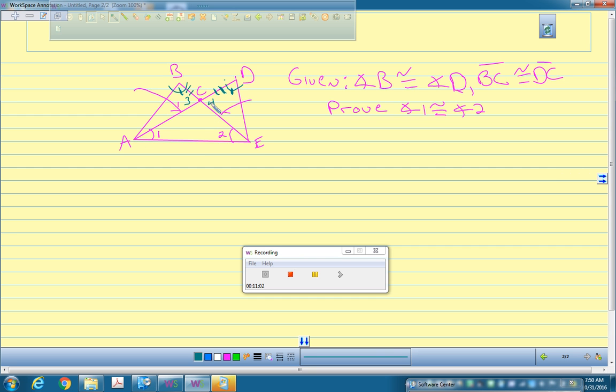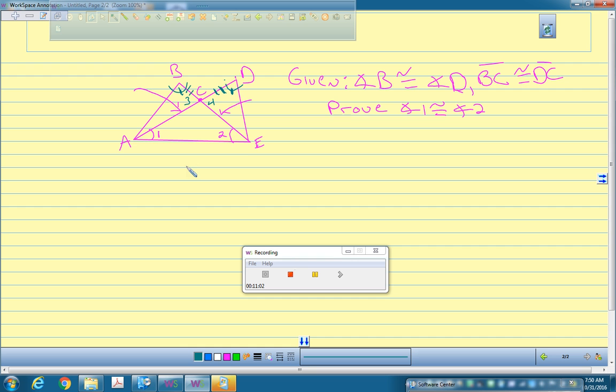Therefore, these triangles have to be congruent. The bow tie triangles, see the bow tie triangles? If the bow tie triangles are congruent, then that means that side AC has to be congruent to side EC. Therefore, this is an isosceles triangle, therefore angle 1 and angle 2 are congruent, okay? So before you start writing down stuff, you have to have a plan of what you're going to write, you know?